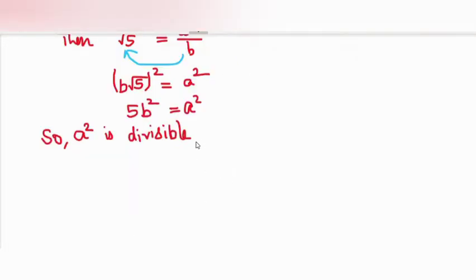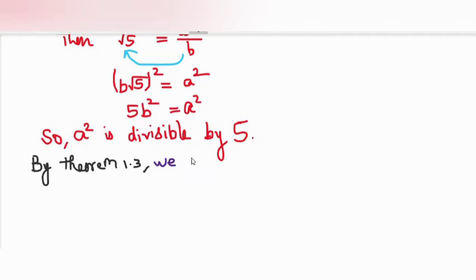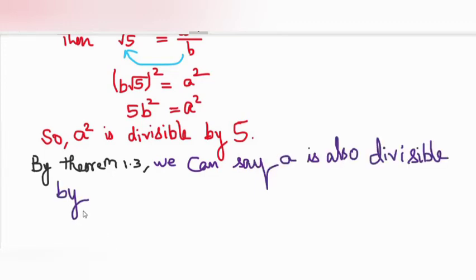So we can say that a square is divisible by 5. So by theorem 1.3, we can say a is also divisible by 5.